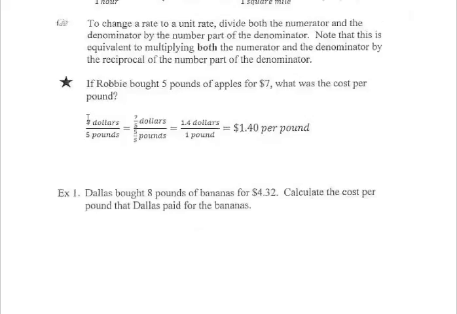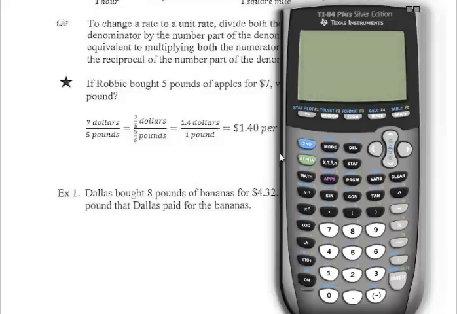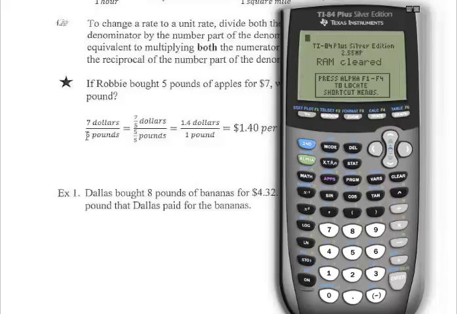This starred comment tells us what we need to do if we want to change a regular rate to a unit rate. Basically, if you pick out your calculator, take $7 per 5 pounds. When you're reading this, you can just replace the big fraction bar, the division sign, with per, because that's what it translates to.